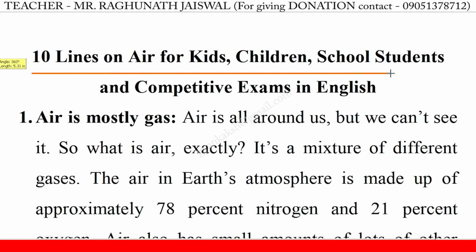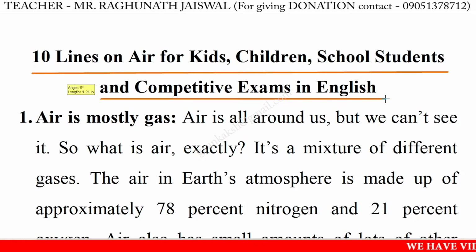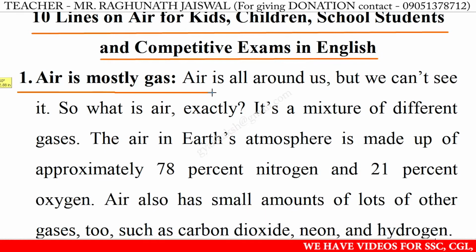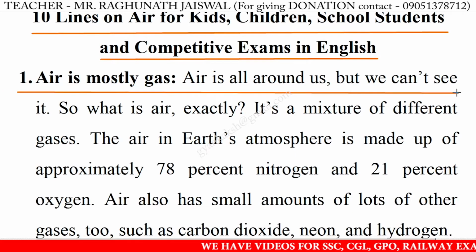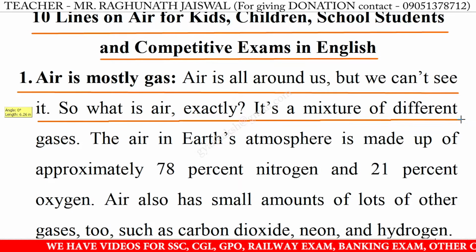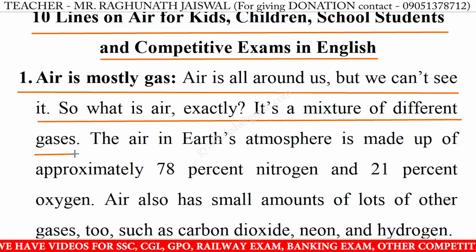10 lines on air for kids, children, school students, and competitive exams in English. 1. Air is mostly gas. Air is all around us, but we can't see it. So, what is air exactly? It is a mixture of different gases.